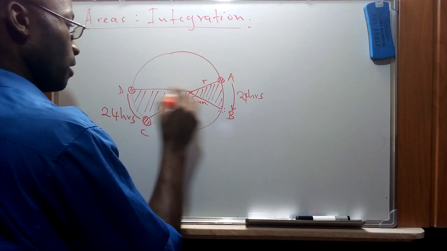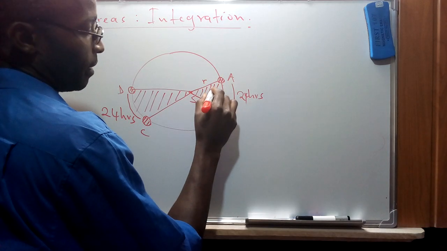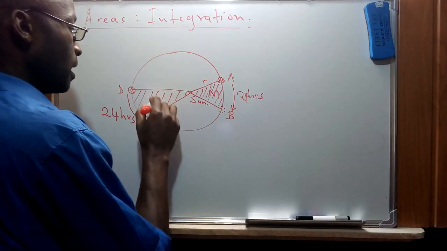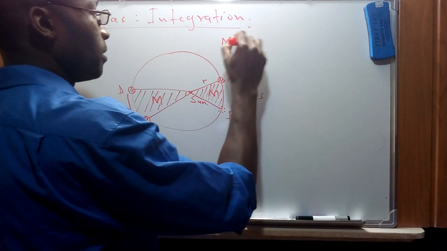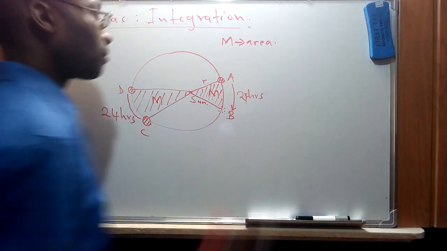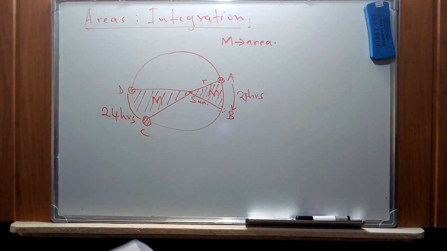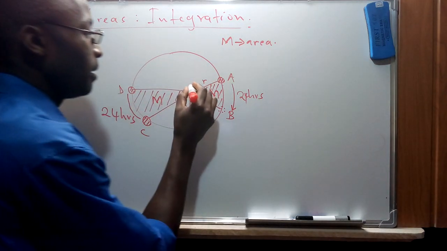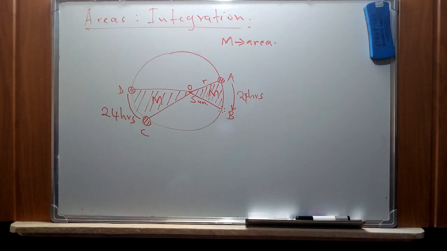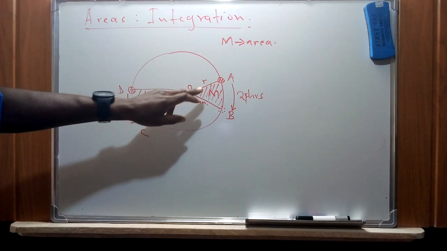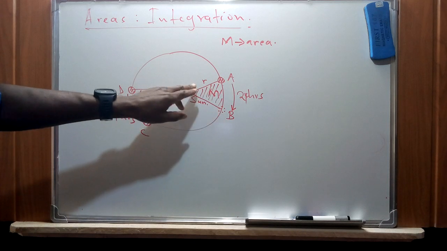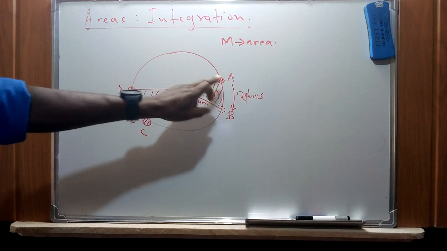So in case we have area 1 that is denoted by, let's call it, capital M, where M denotes area, then Johannes Kepler's argument was that the line joining the planet to the sun, let's call this point O, so line OA, when it moves to OB, sweeps an area that is denoted by M in 24 hours.